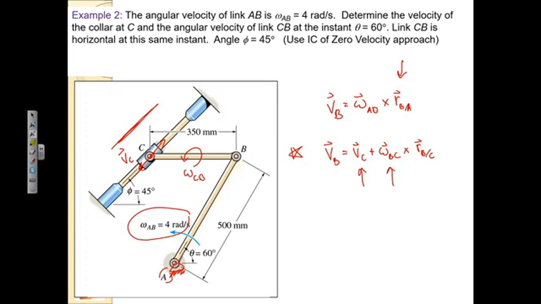This here is horizontal. This guy, BC, is horizontal. So this angle is equal to this angle, these two interiors. That's 60. I jump up to C, and C is at 45 degrees relative to the horizontal, so its complementary angle here is also 45 degrees.